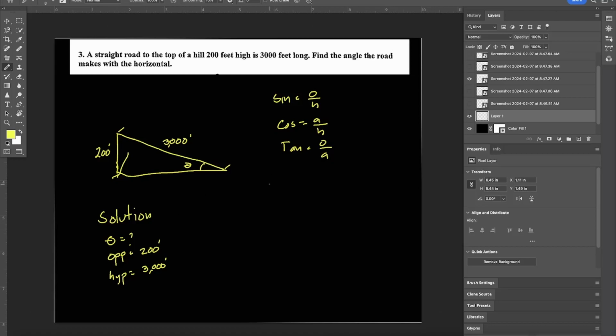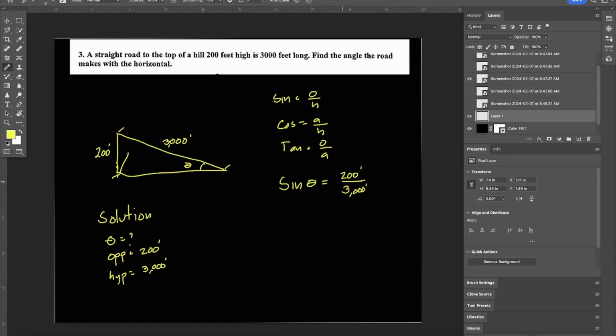So therefore, we can use sine theta, which is just equal to the opposite, 200, over 3,000 feet. Okay, so this is now our actual equation.